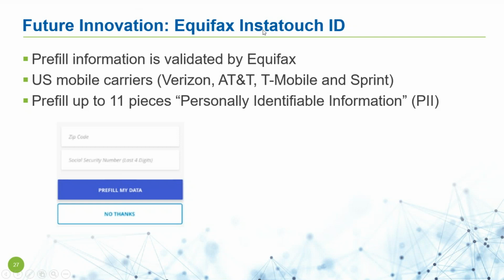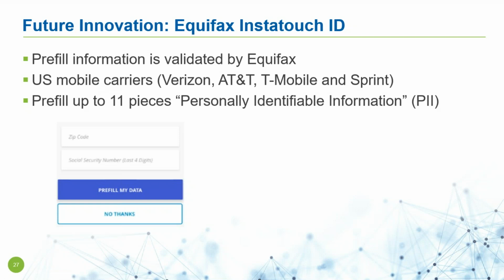So Equifax InstaTouch will allow for pre-fill that's even more than the driver's license scan. The pre-fill data is validated by Equifax, so you've got a good data company that's got your back here. Through their integration, we can identify the device that the applicant is using and potentially even identify the carrier. So we can go out and try to find a match with the major mobile carriers.